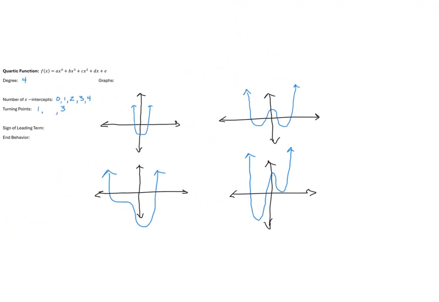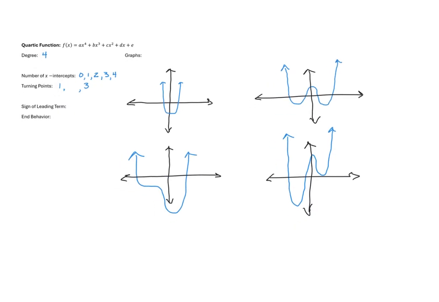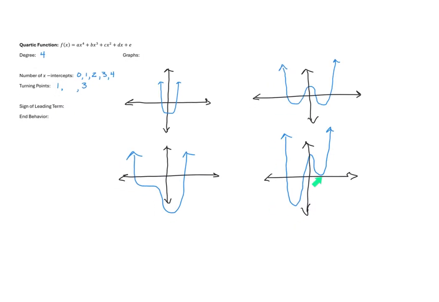Now, of course, our pictures can be a little bit different. So, for instance, on this last one, we might have the higher point on this side and the lower point on this side. We could reflect it. Same thing with all the other ones. So this is what we have.